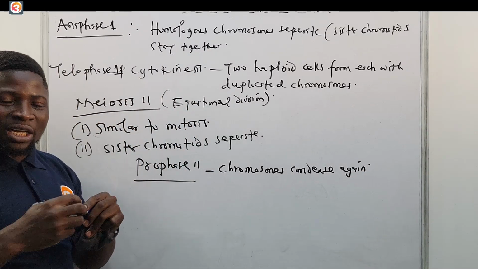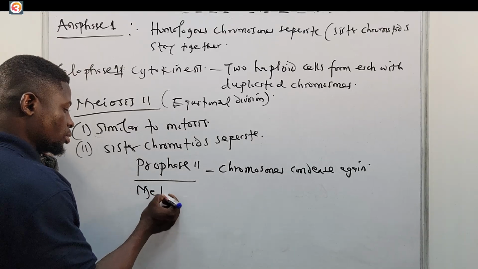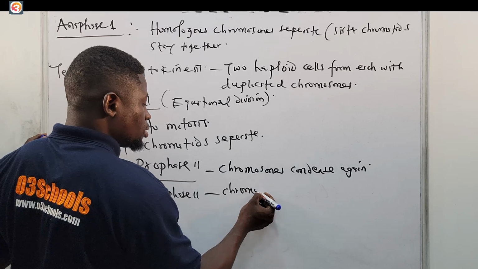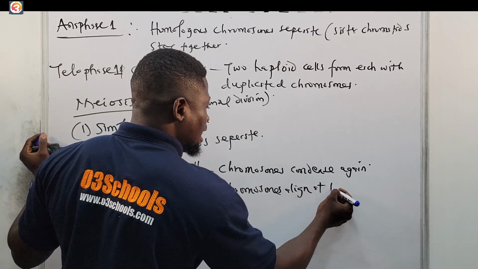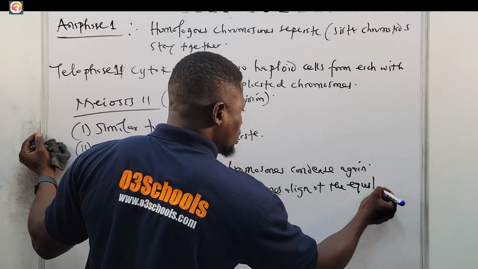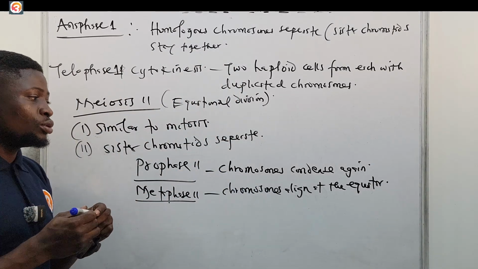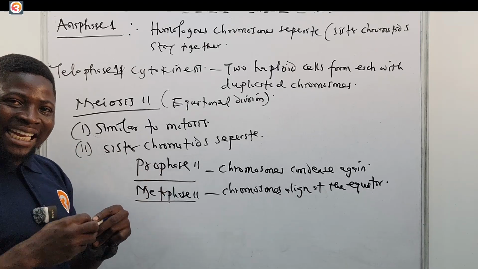For metaphase 2, the chromosomes align at the equator. So in prophase 2, chromosomes condense again, and in metaphase 2, the chromosomes align at the equator.